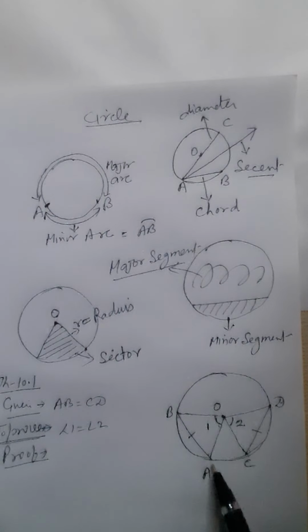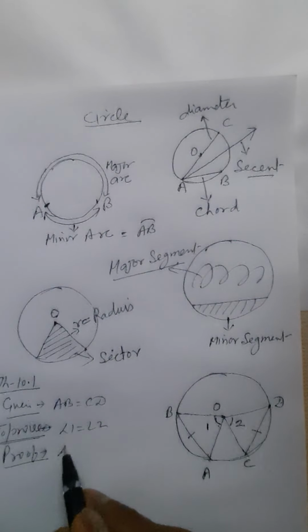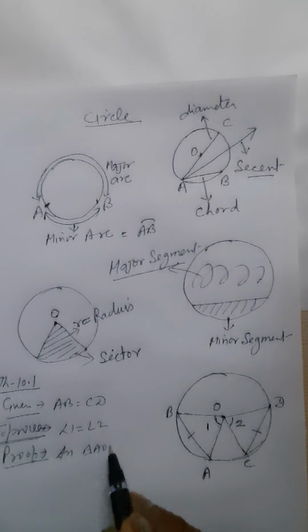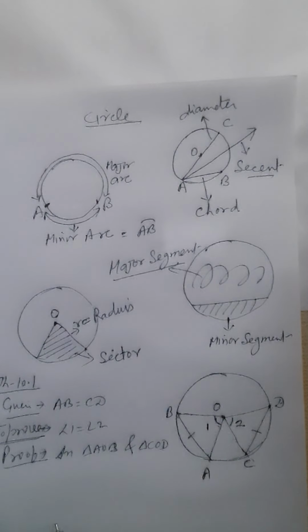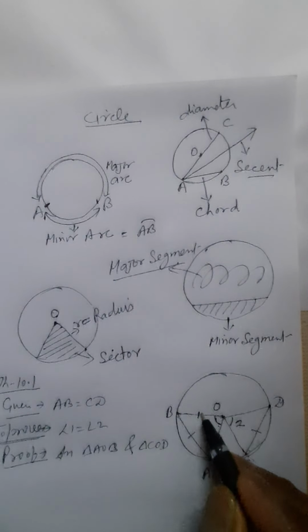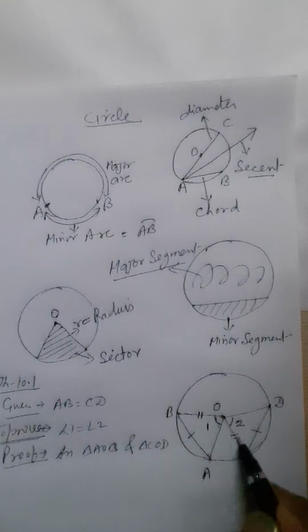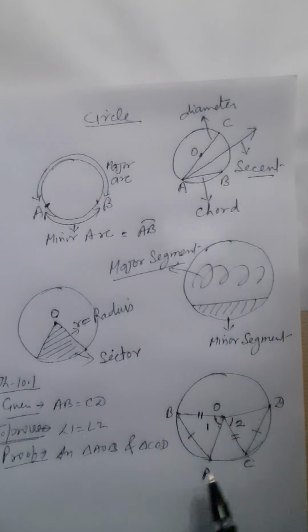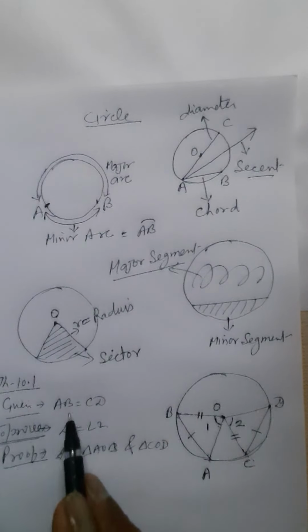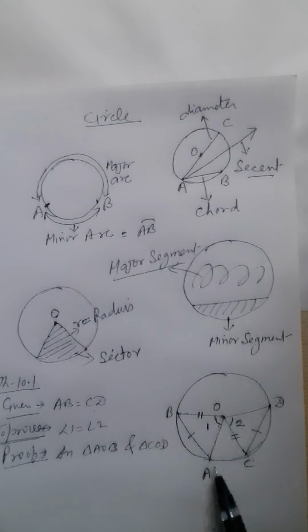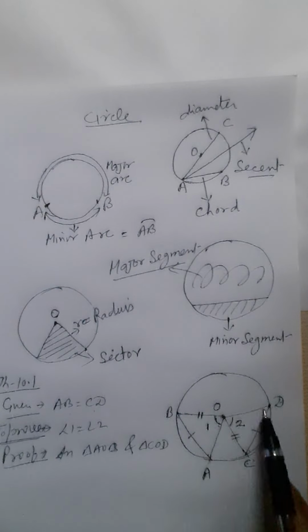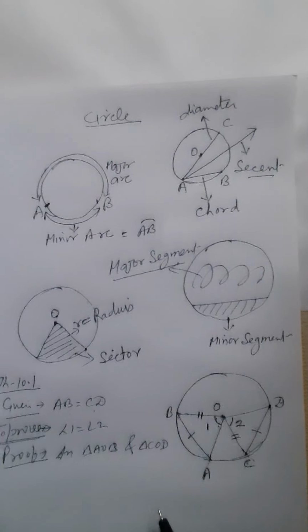In triangle AOB and triangle COD, in these two triangles, this side is equal to this side because it is a radius. Given AB is equal to CD, these two chords are equal, and OA, OB, OC, OD are the radii. They are already equal to each other.